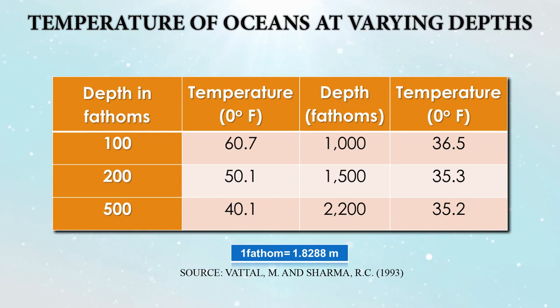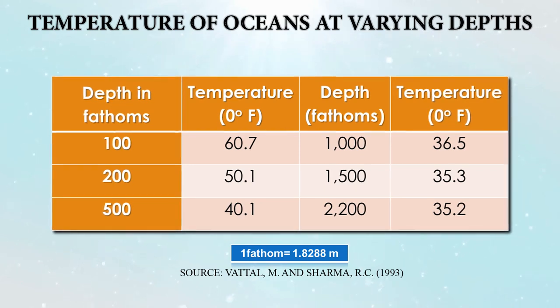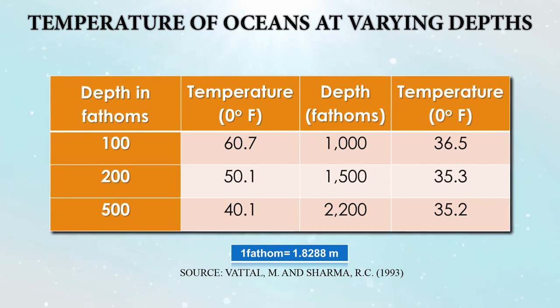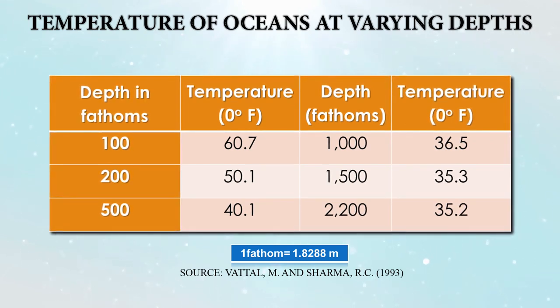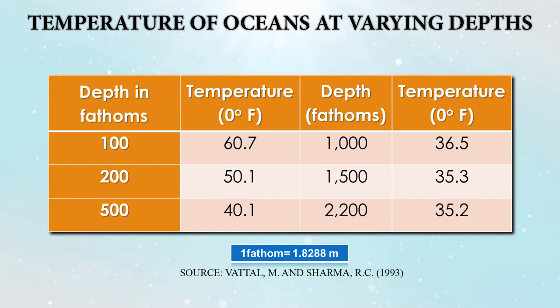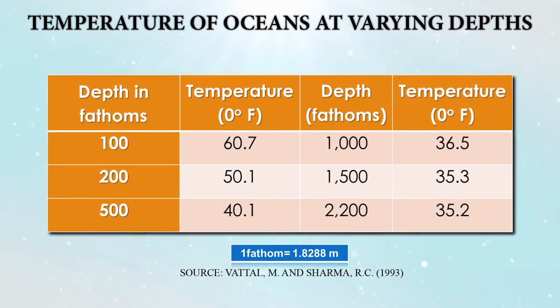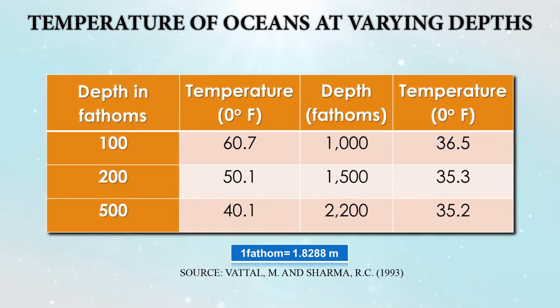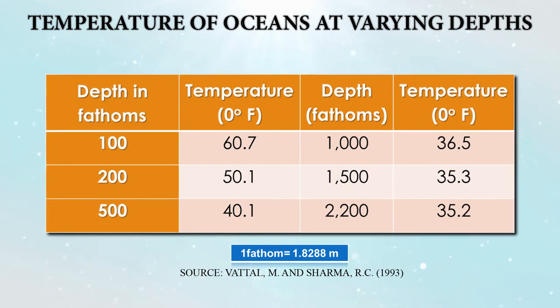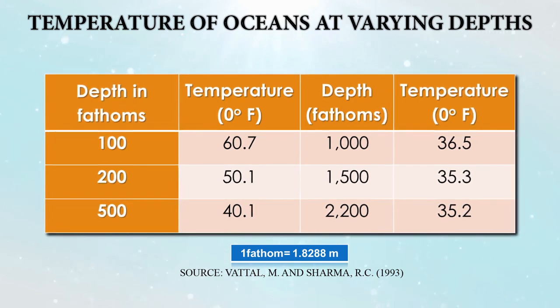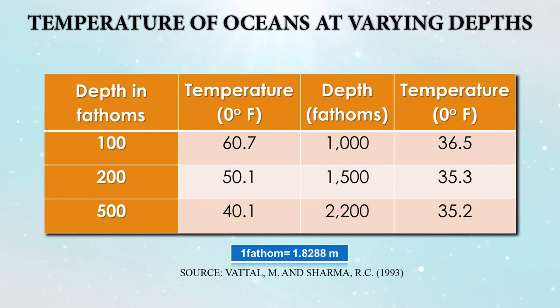You can see that the temperature of the oceans is decreasing with depth. The depth in fathoms is given on the left side, 100, 200, 500 fathoms, and you can see that the temperature is getting reduced from 60 to 50 degrees Fahrenheit to 40.1 degrees Fahrenheit.